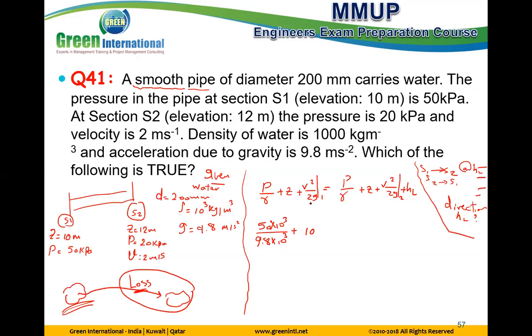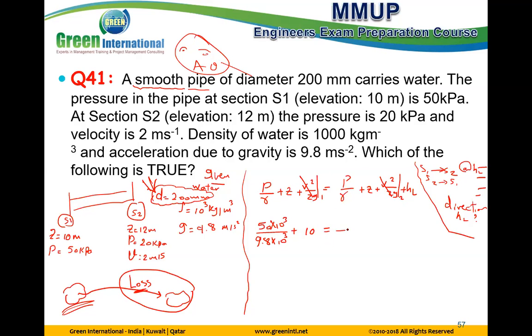Do you need to substitute the velocity, or do you need to calculate the velocity? Calculate the velocity. Diameter does not change, so velocity does not change, according to Q equals A V. Clear? Don't lose time on calculation.